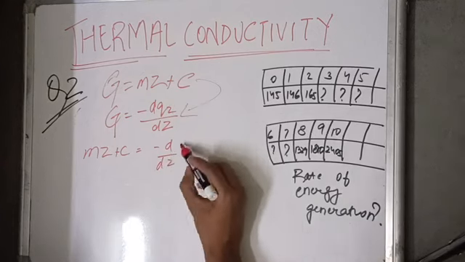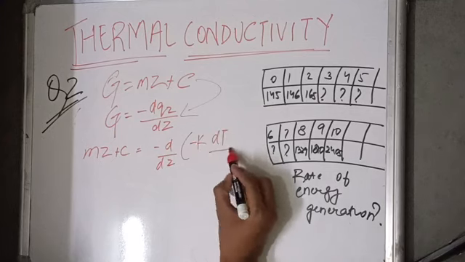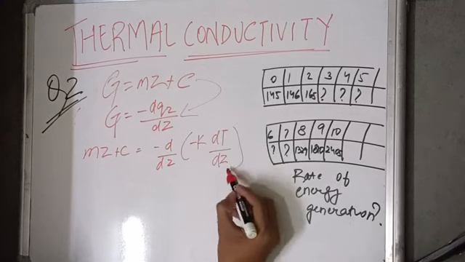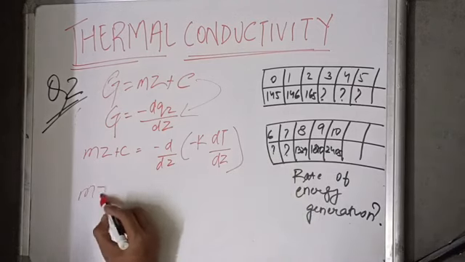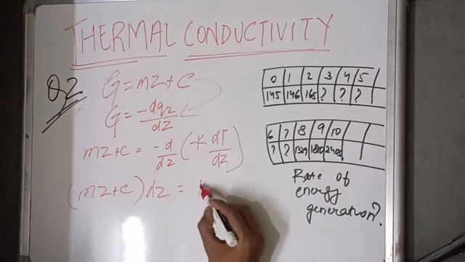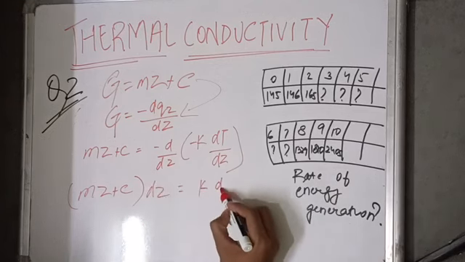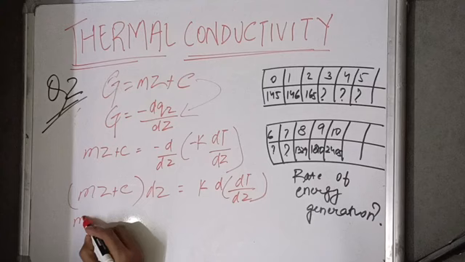We know that q is from Fourier's law of heat transfer. We are just solving it. dt by dz, we have got mz square by 2.